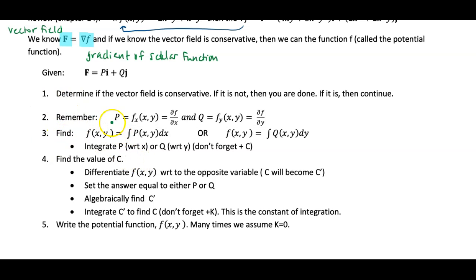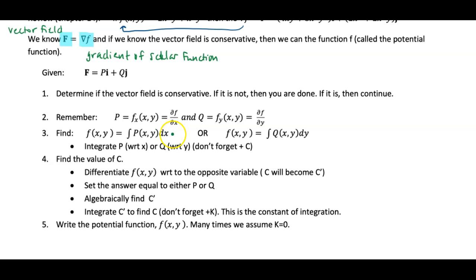Then, just remembering that P is the partial with respect to x and Q is the partial with respect to y, we want to find f of x, y. Because P is the partial with respect to x, to find this original function, we can just take the antiderivative, or the integral, because this is the derivative with respect to x.